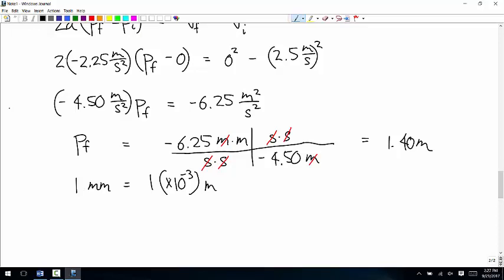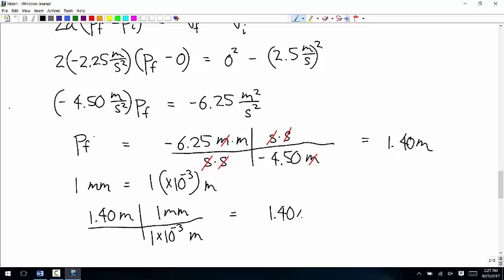And so now 1.40 meters, and now I'll do it like a unit conversion. We have 1 times 10 to the minus 3 meters in the denominator, 1 millimeter in the numerator, and you get 1.40 times 10 to the positive 3 millimeters. Any questions about that one?